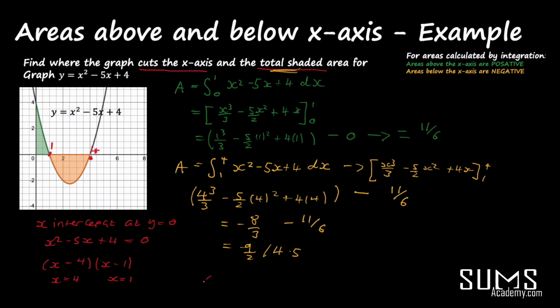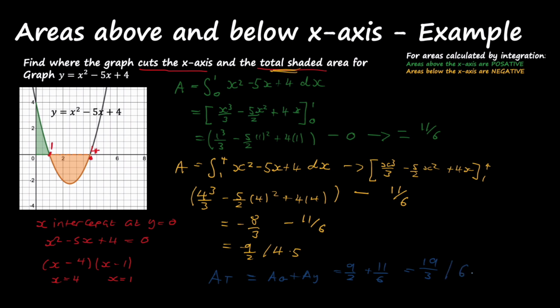So A total is equal to area green plus area yellow, equal to 9 over 2 plus 11 over 6, which is equal to 19 over 3, or 6.3.